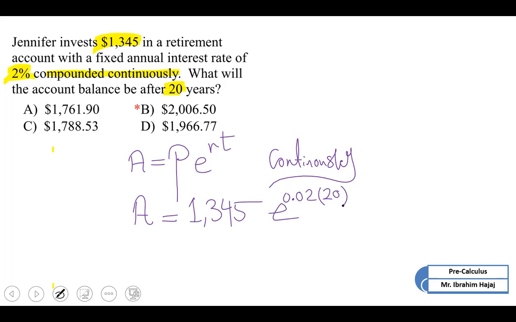Okay, and then the calculator gives you this answer, 2006.50.